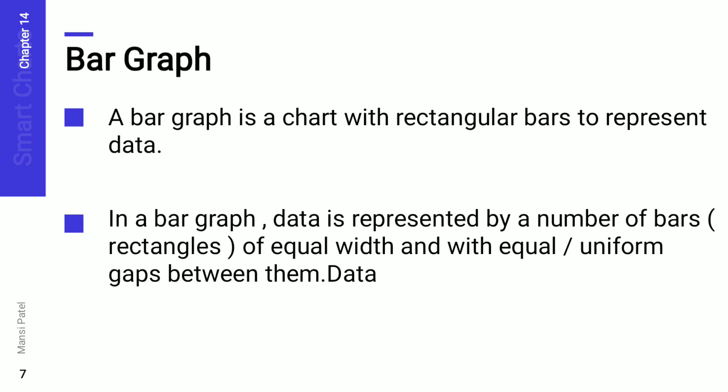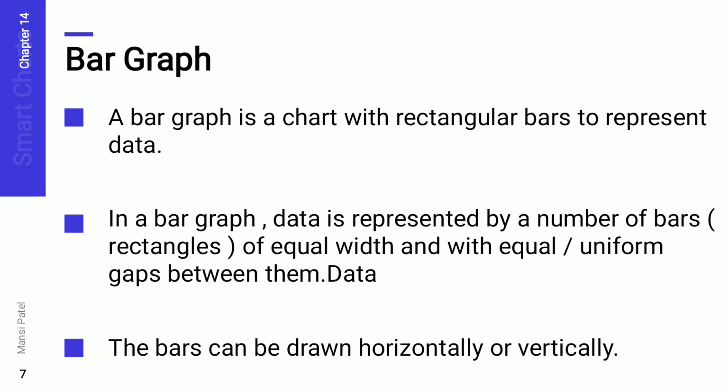In a bar graph, data is represented by a number of bars, that is, a number of rectangles, and the length may vary but the breadth of the bars is always the same, and the gap between two bars is also the same. Then next, the bars can be drawn horizontally as well as vertically. So let us see some examples of bar graphs drawn horizontally and vertically.